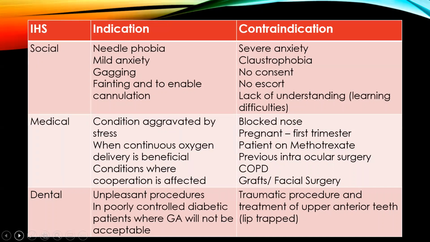Patients with COPD have high levels of carbon dioxide and low levels of oxygen. Methotrexate has an antifolate effect and the risk of folate deficiency. Patients who have had previous intraocular surgery should not have nitrous oxide sedation, as this diffuses into gas bubbles, causing blindness. Inhalation sedation is not recommended for patients who have severe anxiety.